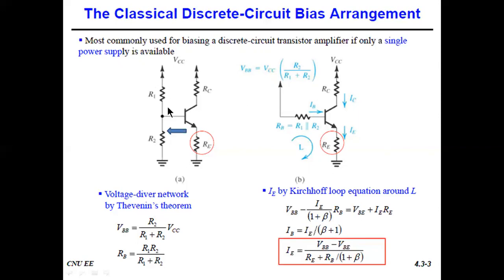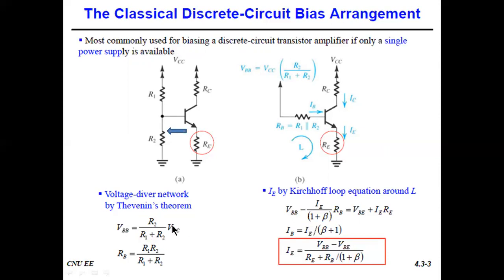The current flowing through here will be VCC divided by R1 plus R2. If you multiply that with R2, then we will get the voltage across R2. VBB will be VCC into R2 divided by R1 plus R2. Or VBB is equal to R2 divided by R1 plus R2 into VCC.